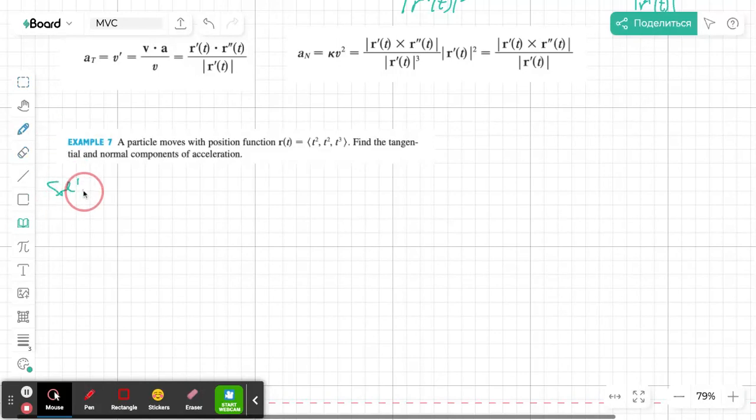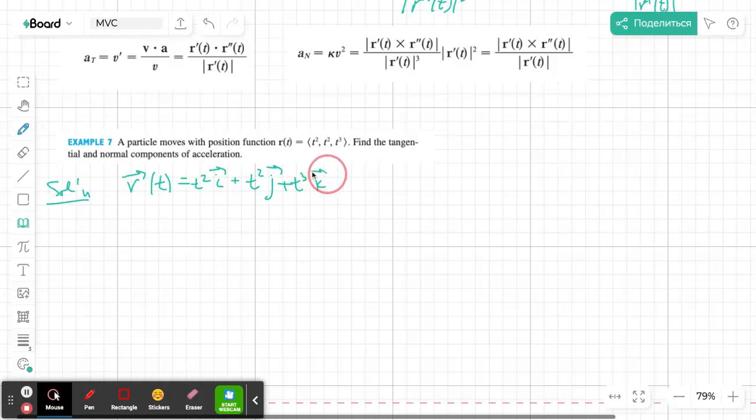In our solution, we're going to say that r of t equals t squared i plus t squared j plus t cubed k. r prime of t equals 2t i plus 2t j plus 3t squared k. That's easy.